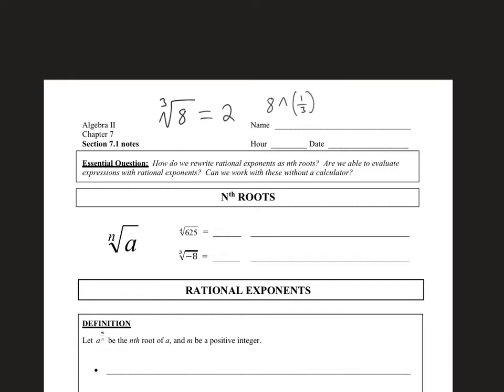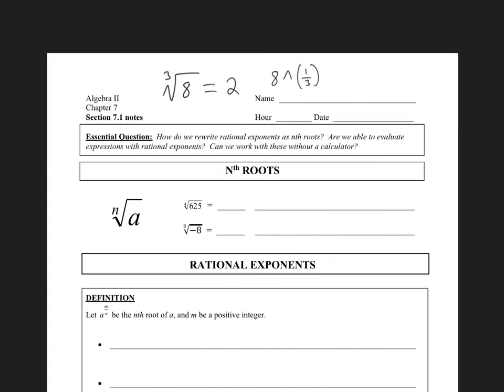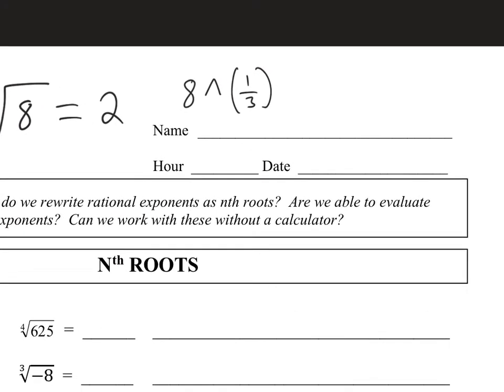So you've actually been working with nth roots and rational exponents before. It's just we haven't really talked about it explicitly yet. So basically, the way this works is that whatever root it is going to be the denominator of the exponent, and the exponent is going to go on the top with the normal exponent.